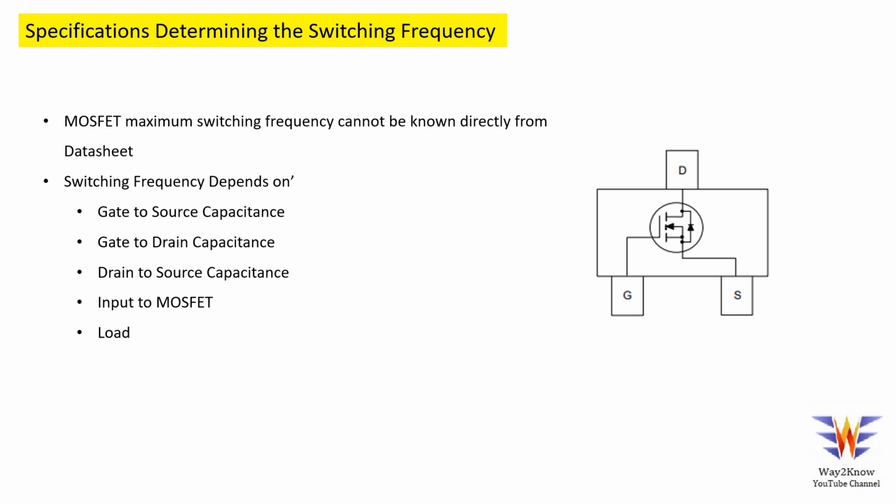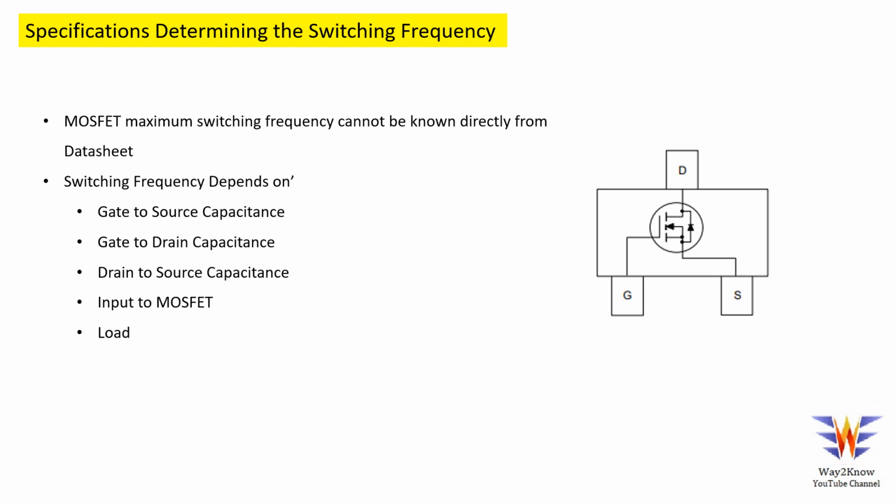Now, design engineers, based on the datasheet specifications provided, sometimes find it difficult to determine the maximum frequency at which it can be used. There is a doubt among engineers: even if they are not using it at maximum, even if they are using around 10% of that frequency, they are not sure whether that frequency would work or not.